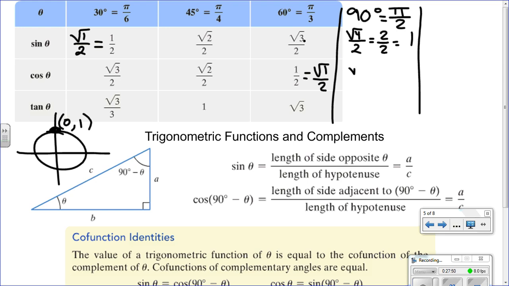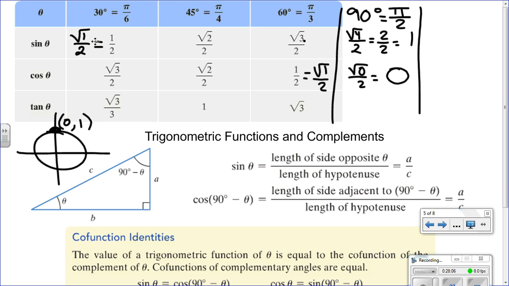So this one should be the square root of 0 over 2, which is just 0. And isn't it true that the cosine of 90 is 0? Yes? Do we all copy it? Okay, great. And then let's find tangent.